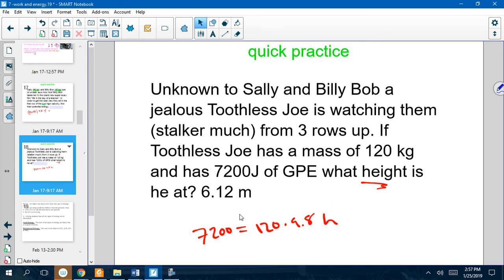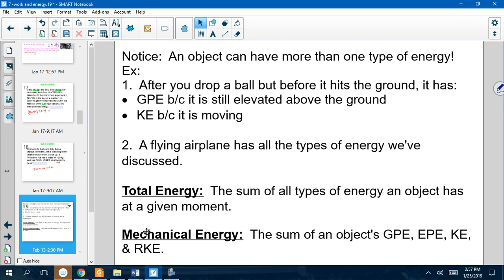Alright, so big takeaways here is you can have an object that has more than one type of energy at a time. So if we add all of that up, chemical, electric, gravitational, elastic, that would be our total energy. Our total mechanical energy is all of the energy that we're going to be looking at that's actually doing stuff.